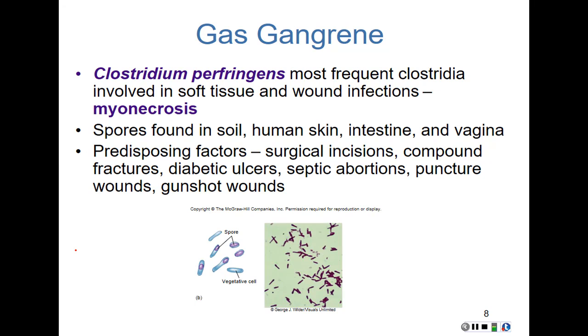And there are some predisposing factors like gunshot wounds, so small holes going deep into soft tissue. Surgical incisions, compound fractures, where the bone might be sticking through, right? And so if this organism gets in through these wounds, then it could lead to gas gangrene.